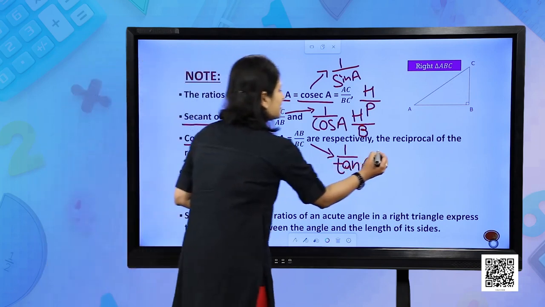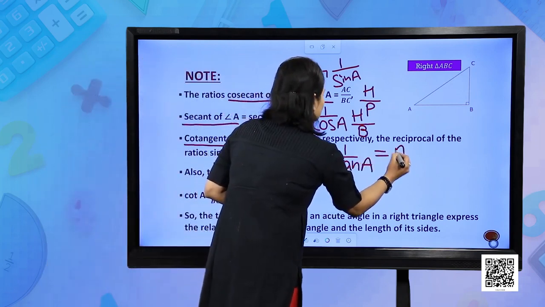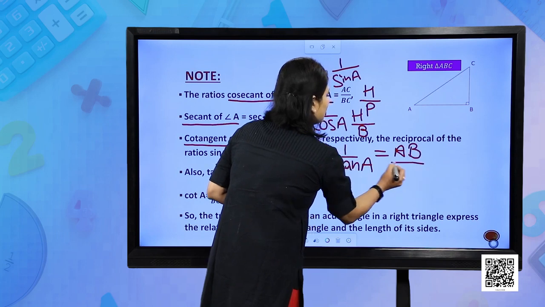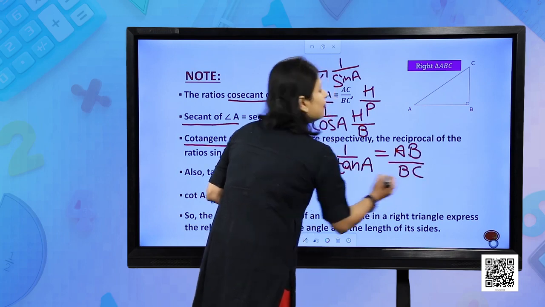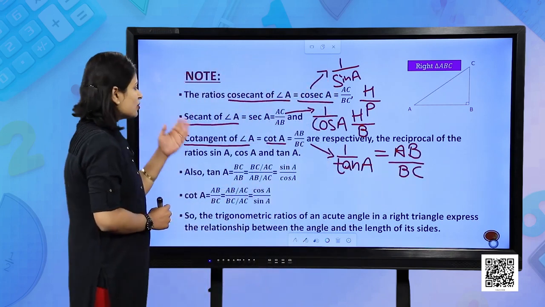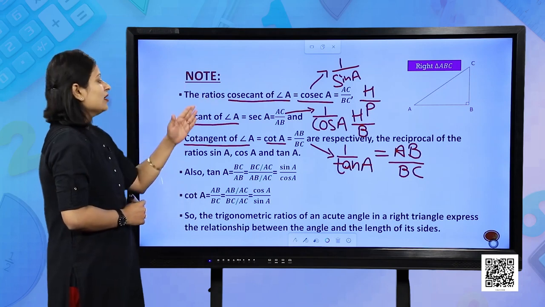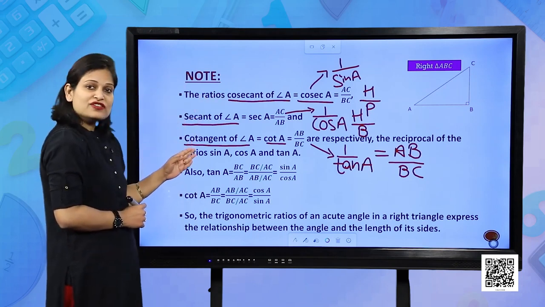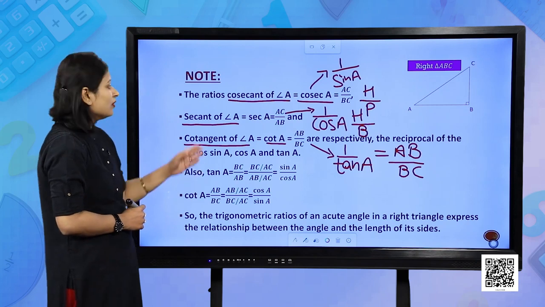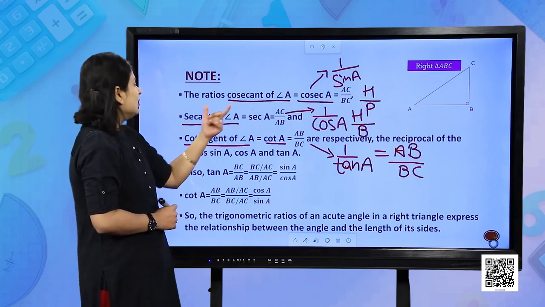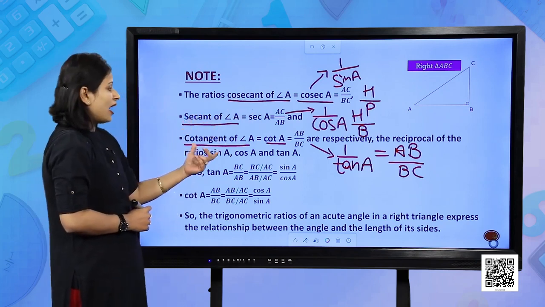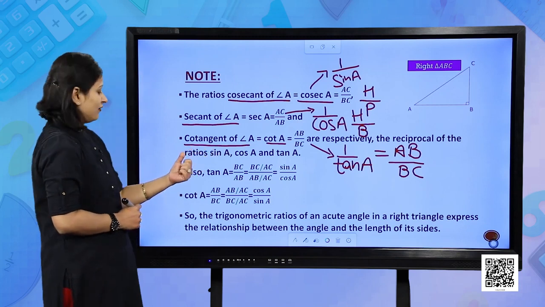AB is the base and BC is the perpendicular. So, cosecant, secant and cotangent are the reciprocals of sine, cos and tan respectively.